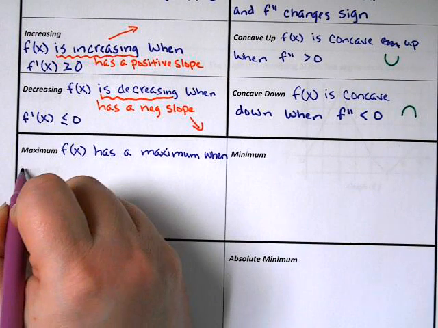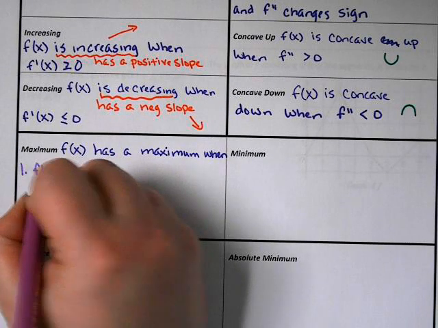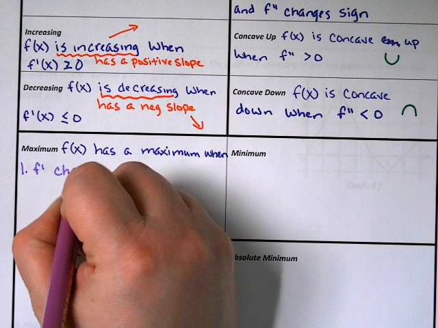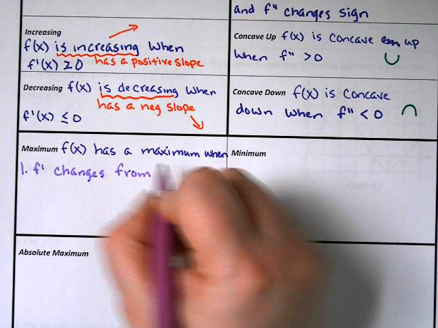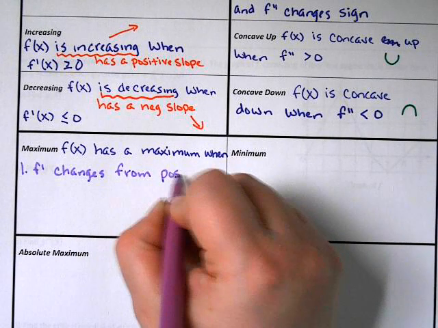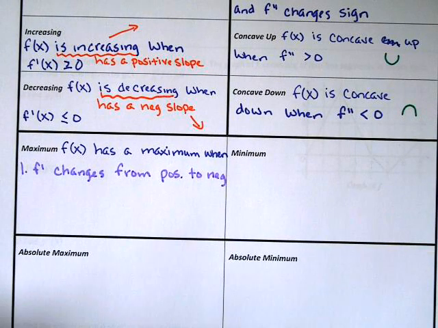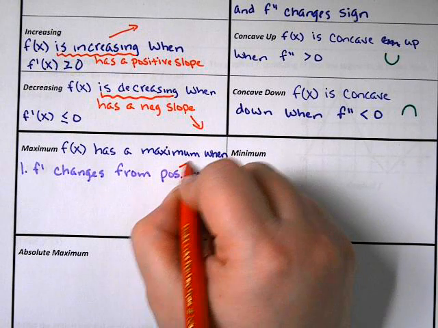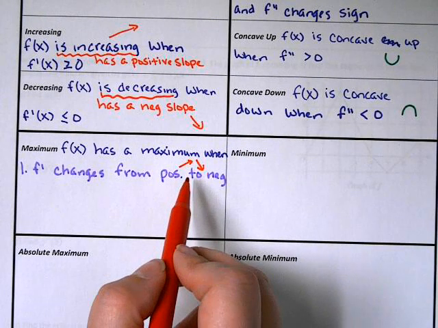Option 1 is that f prime changes from positive to negative. So in other words, the function changes from increasing to decreasing, and that causes us to have a maximum on our function.